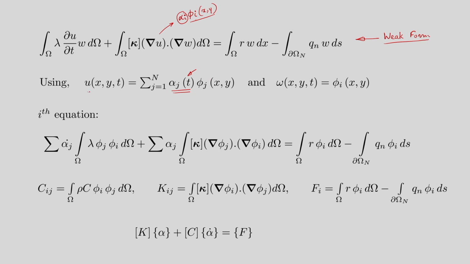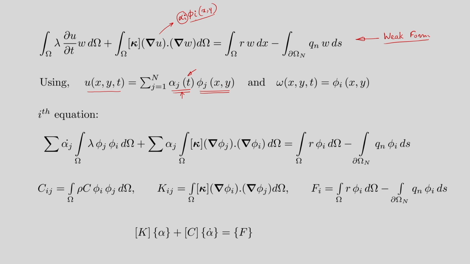So, we will write u at x comma y comma t is alpha j, which is a function of t, times phi j, which is the same basis functions or piecewise polynomials that we already discussed, alright.